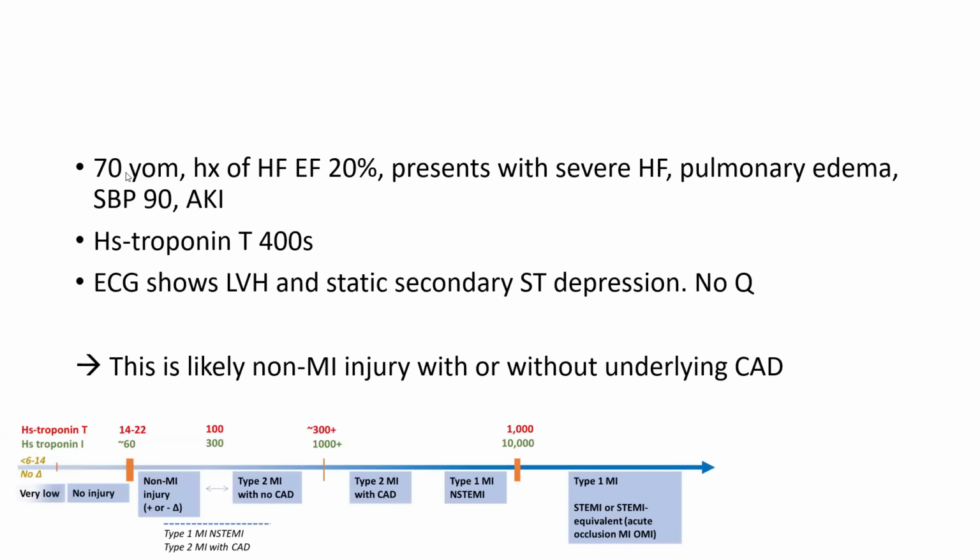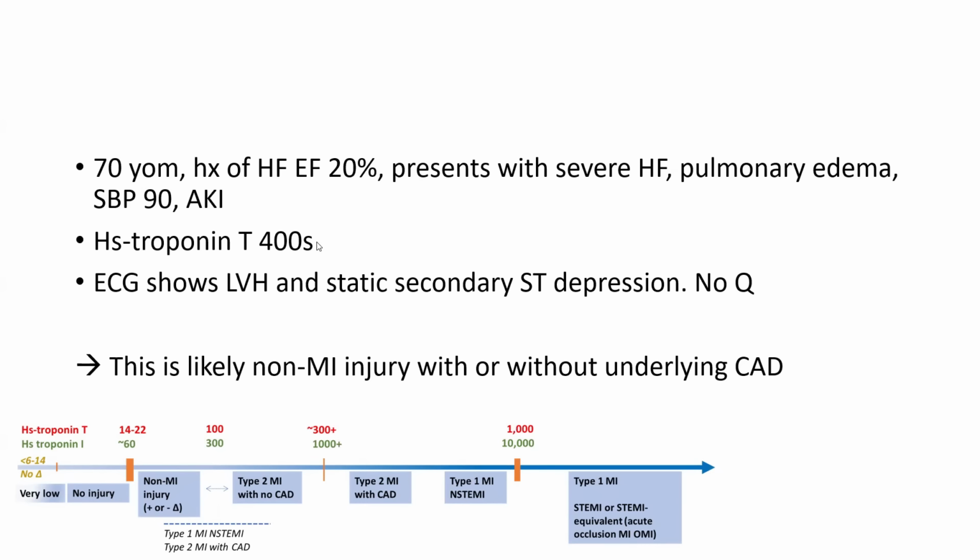This is another patient, a 70-year-old man. He has a history of heart failure with an EF of 20%. He presents with severe heart failure, pulmonary edema, lowish blood pressure, and acute kidney injury. His troponin T is in the 400s. EKG shows LVH and static secondary ST depression, no Q wave. This patient, his troponin is here, but I believe he most likely has a non-MI myocardial injury with or without underlying CAD.